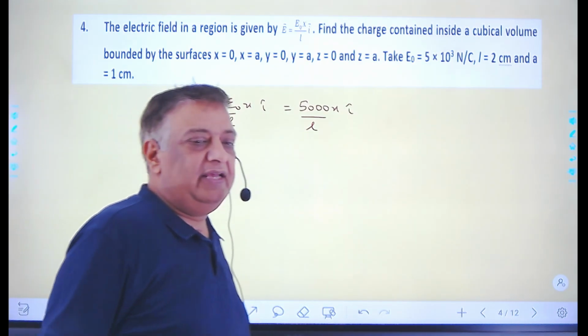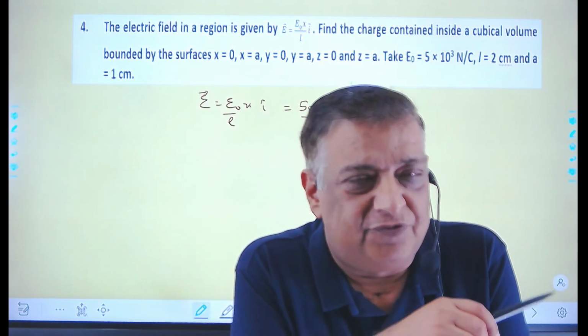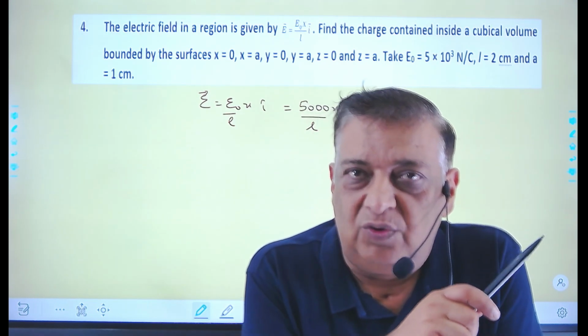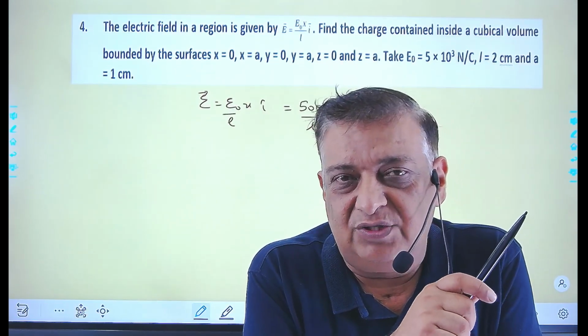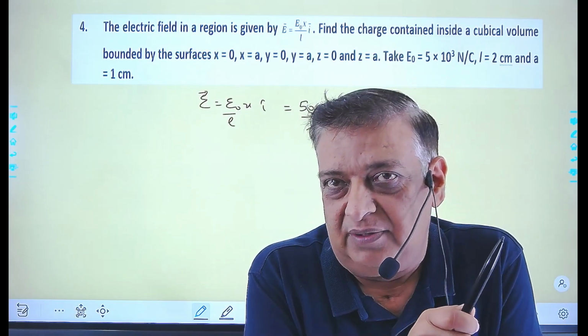Now the electric field is already given, and it is varying, it is not uniform. For a closed surface where the electric field is non-uniform, that means field lines entering and leaving are not equal.